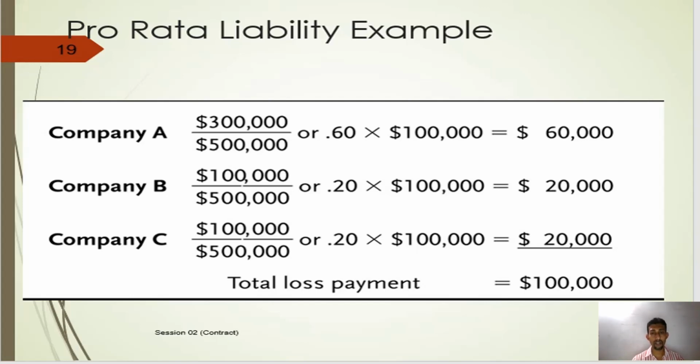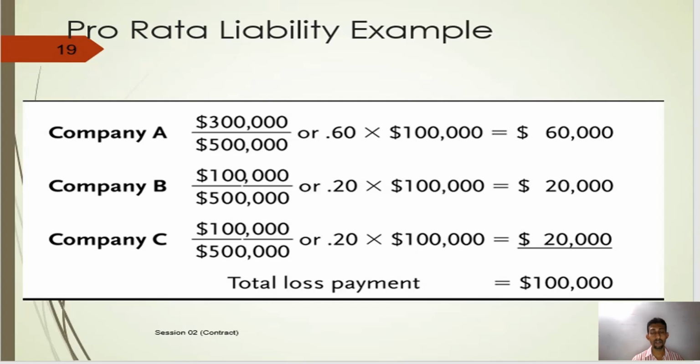So in such a situation, all 3 insurance companies will get together and share that 100,000 in the proportion of the insurance policies. They total the insurance policies, which is 500,000, and company A, which insured for 300,000, will pay the majority of the claim, 60,000.